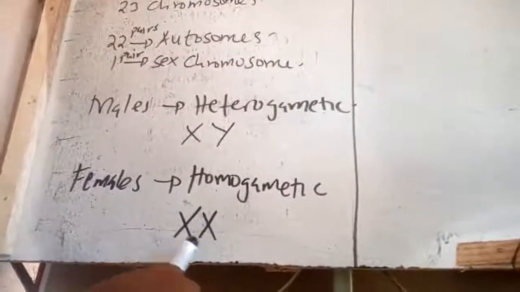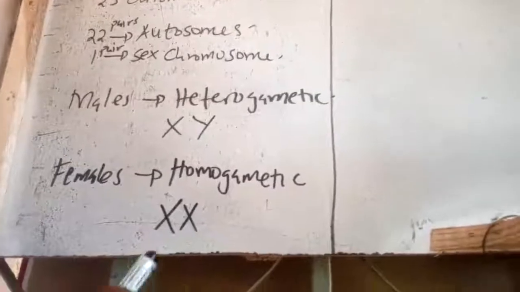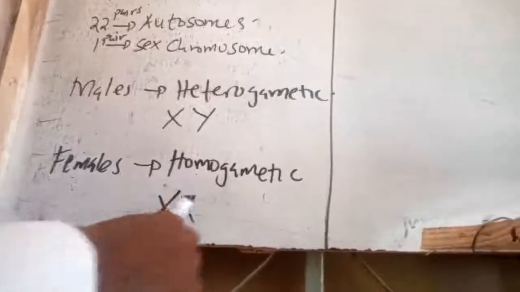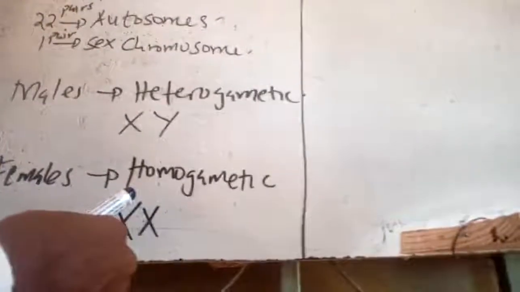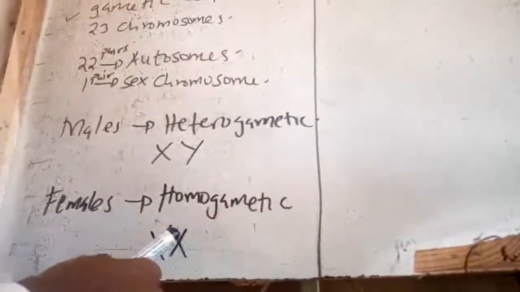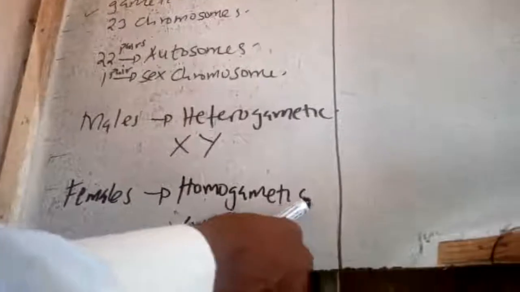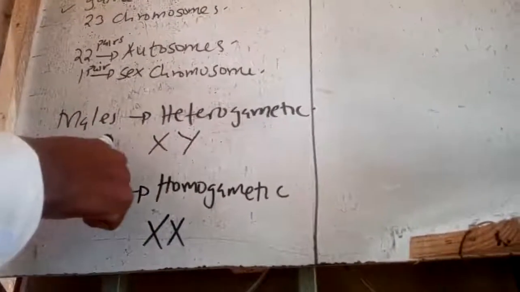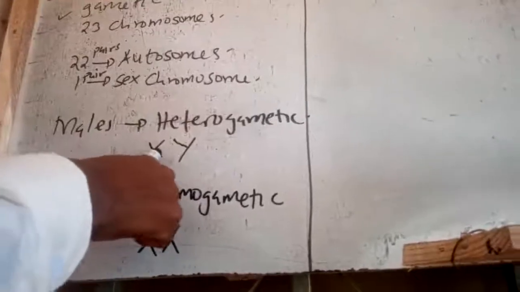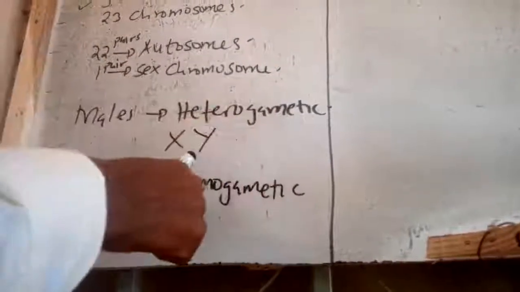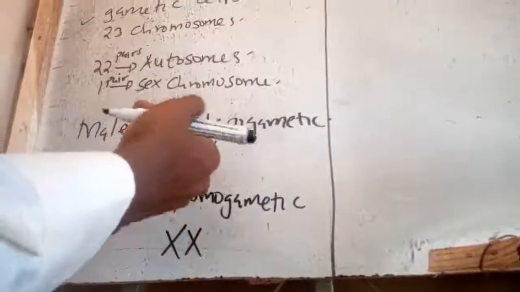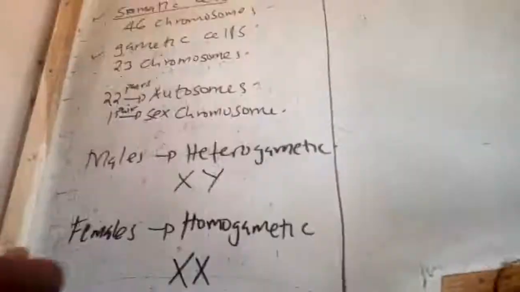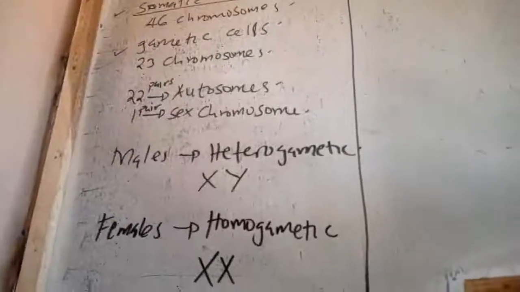That is an X and also another X, and therefore the individual is called homogametic. The males are said to be heterogametic because they have chromosomes that are not identical.